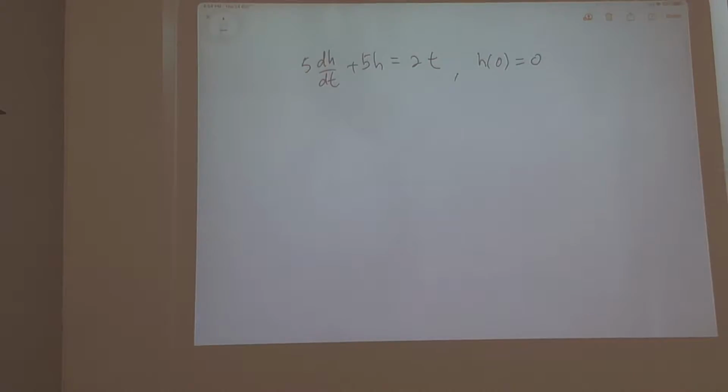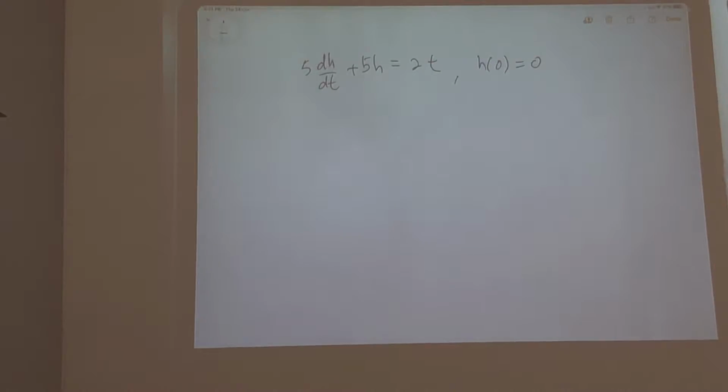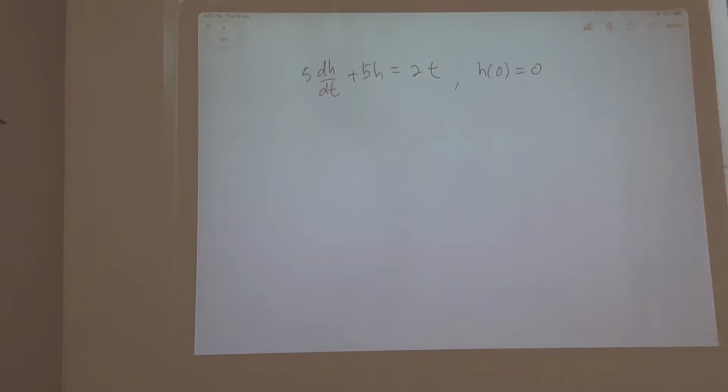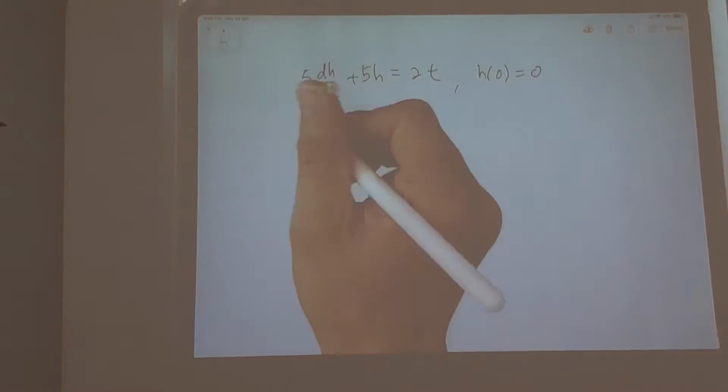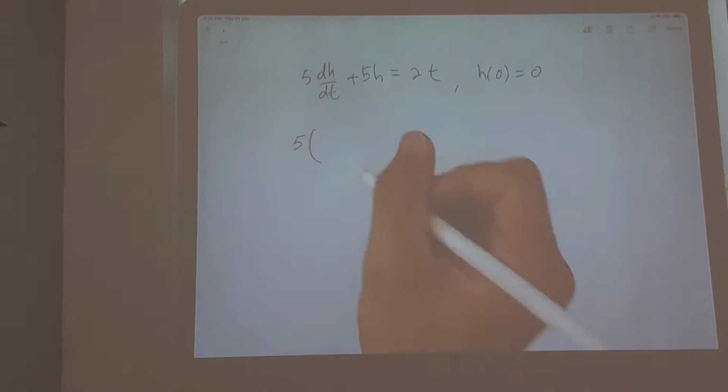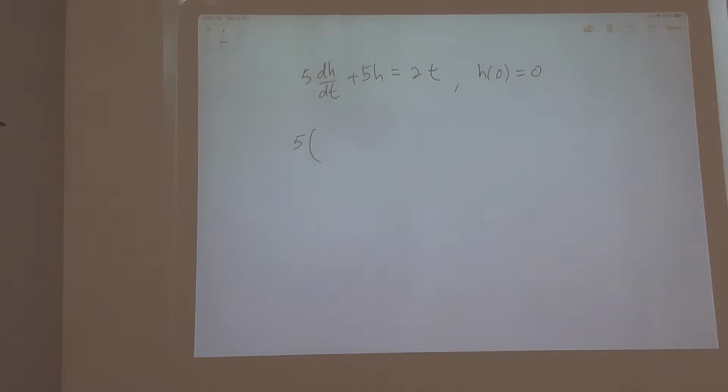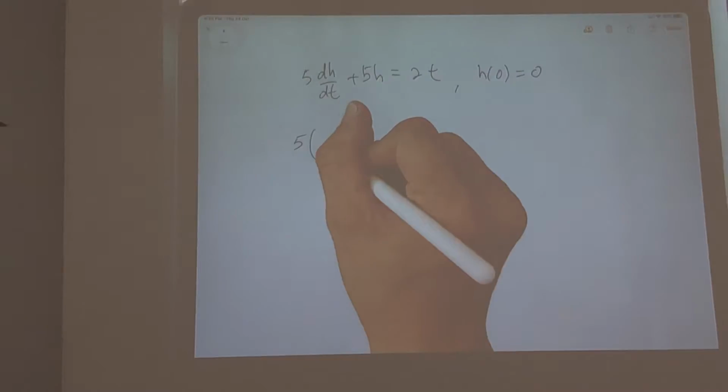So let me open the slideshow. Alright. So if I have 5 dh/dt plus 5h equal to 2t, I need to Laplace it, using the Laplace transform. 5 dh/dt Laplace transform becomes what?